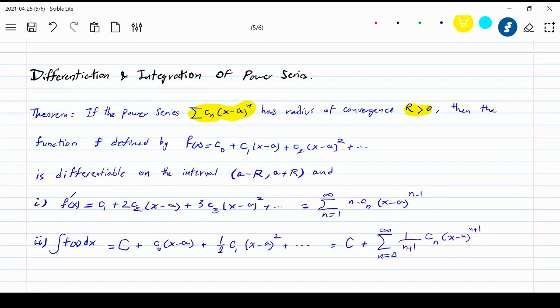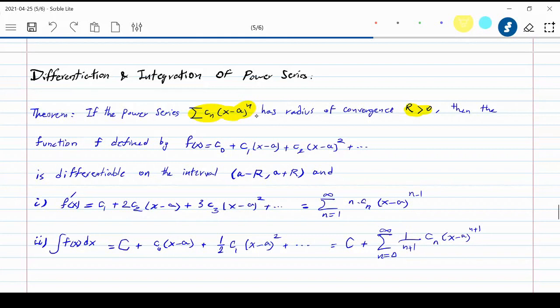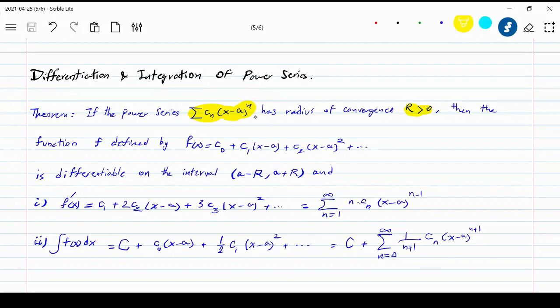The derivative doesn't really make sense, and the integration doesn't make sense. You would have only one number. The derivative is 0. The integration would be just a constant times x. That really is not a series. Then what is the function f defined by? Let's say the function f is defined by the power series.